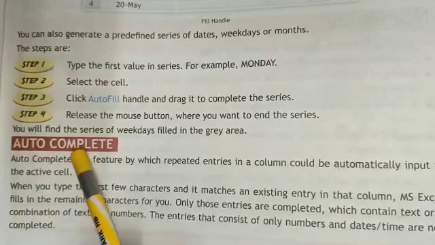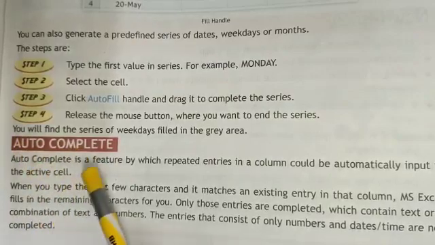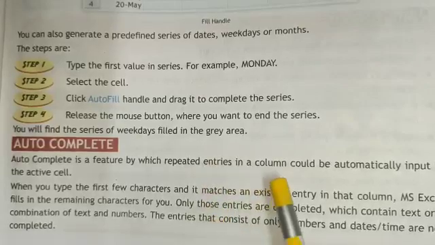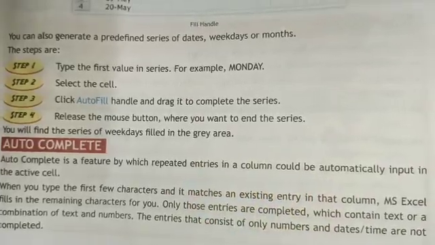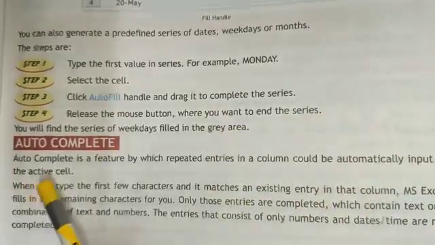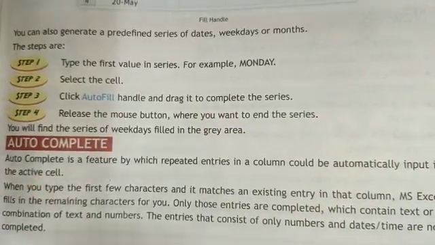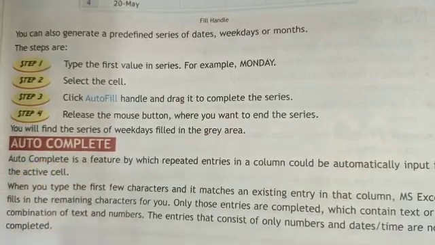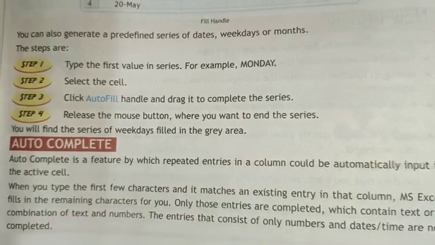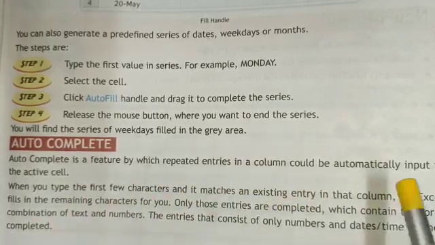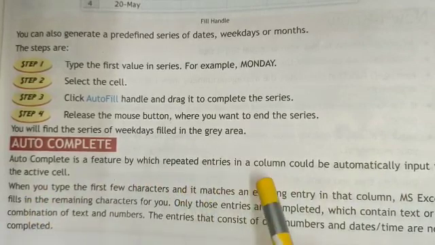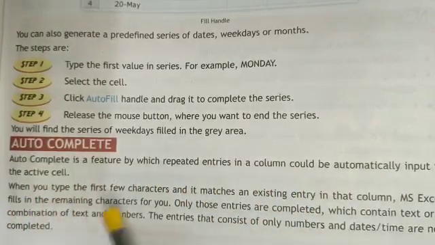Next, autocomplete. Autocomplete is a feature by which repeated entries in a column can be automatically input in the active cell.